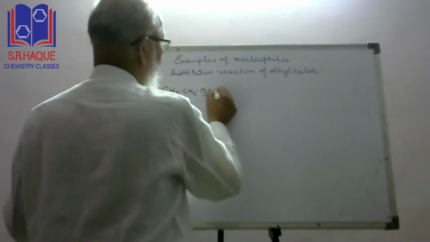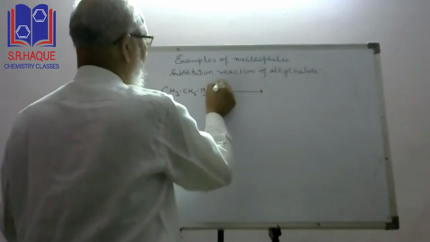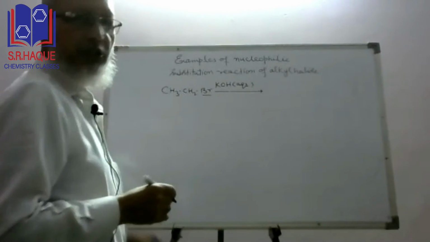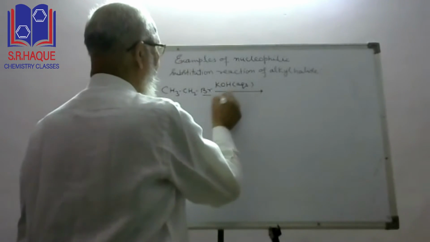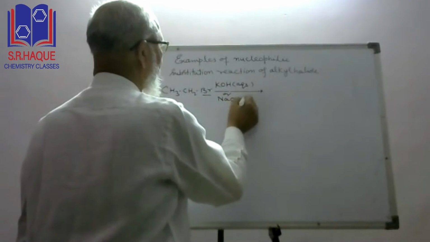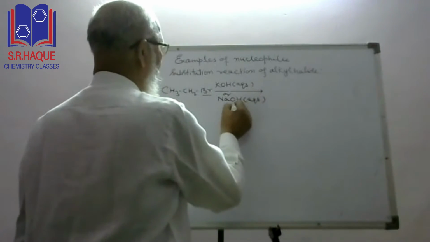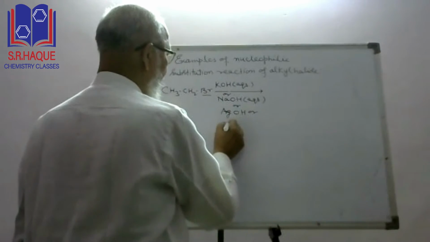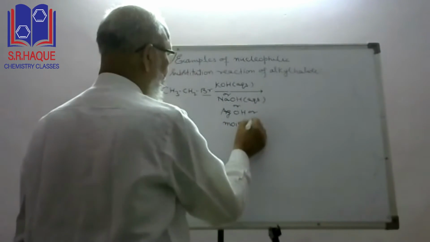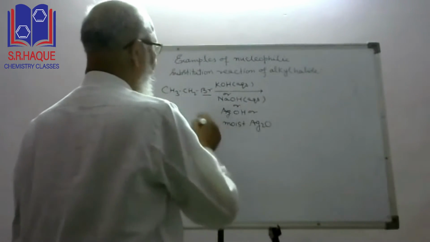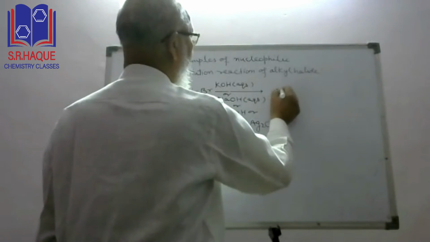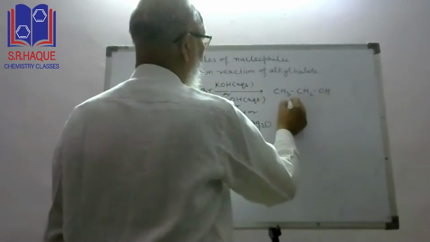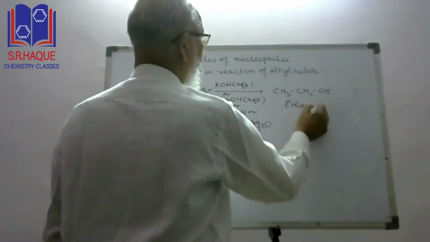If this ethyl bromide reacts with aqueous KOH, KOH is known as caustic potash, or aqueous NaOH, or AgOH, or moist silver oxide, in any one of these cases, the halogen atom will be replaced by OH and there will be formation of alcohol. As for example, in this case, ethanol is obtained.